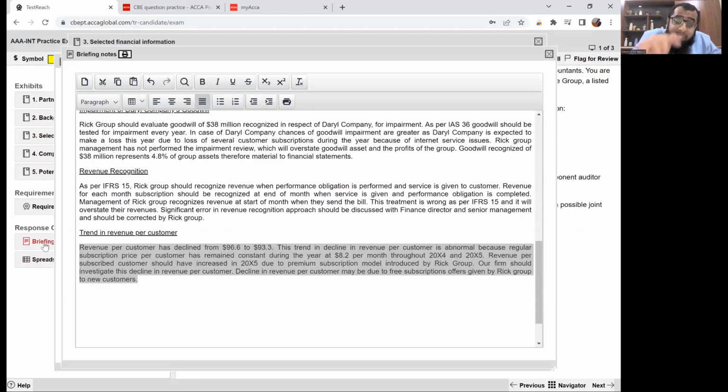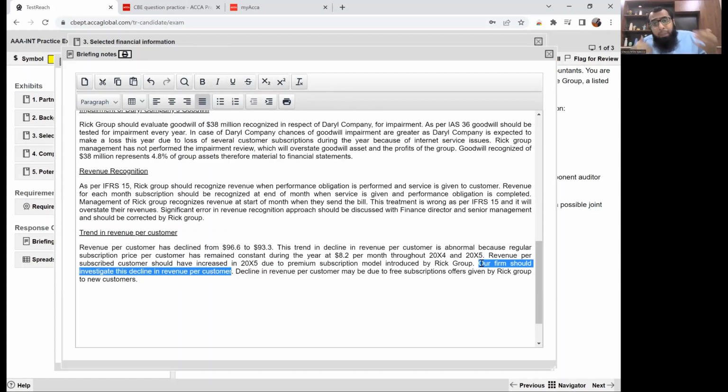So now see, these are the professional marks. If you remember my professional skills lecture, the previous lecture, you have to give the suggestion. So we said that, okay, what our firm should be doing is investigating it. And then we thought about the countermeasures also. Like maybe this is the justification.